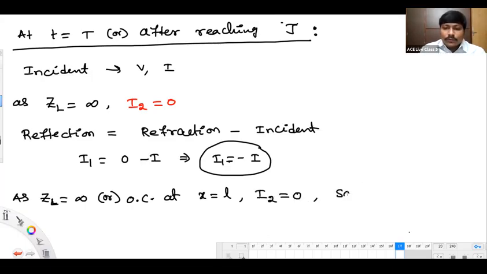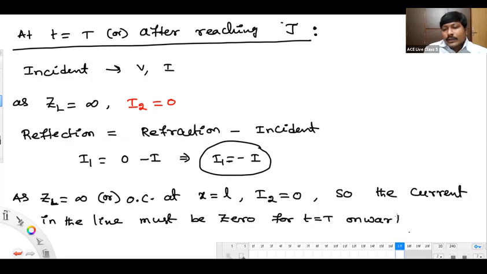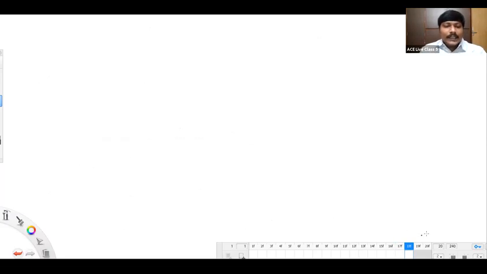So the current in the transmission line must become 0. Must be 0 from capital T time onwards. But physically what will happen?